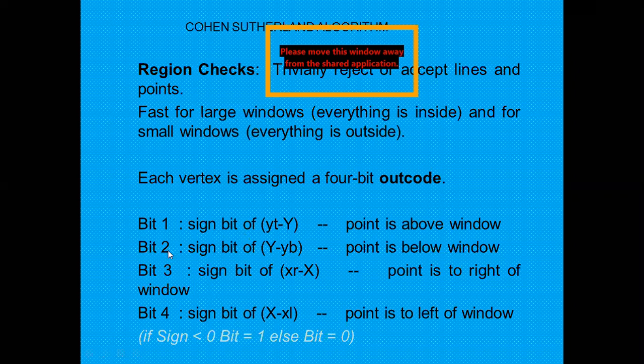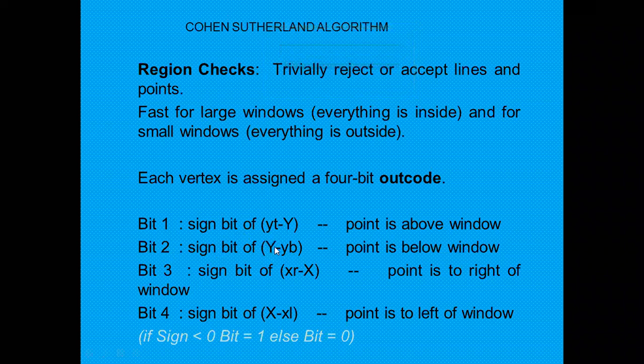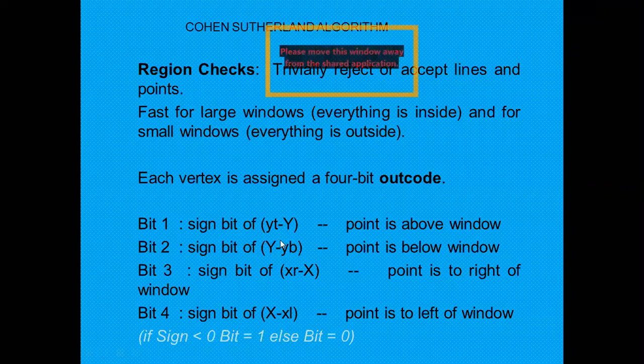Now we will check the value of bit 2. We will calculate the sign bit of y minus yb. Y is the original coordinate which we are going to test or check, so we will put the value of y here, and yb is already given, y bottom, meaning the value of y bottom.